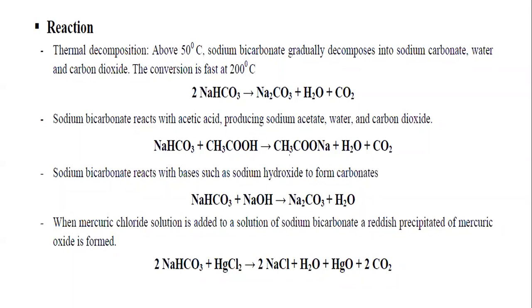Though sodium chloride is a solid, it will not precipitate because it is very freely soluble in water, so it will remain in solution, whereas the mercuric oxide will precipitate out because it is insoluble in water. Along with this, you also get carbon dioxide, which you will see as an effervescence. So these are the reactions of your sodium bicarbonate.